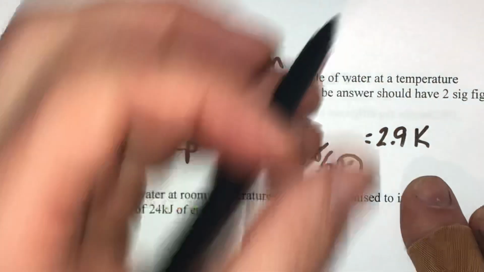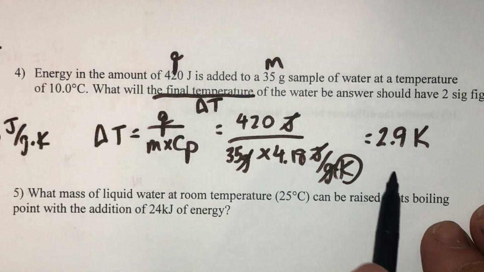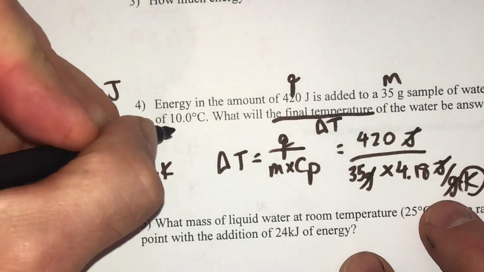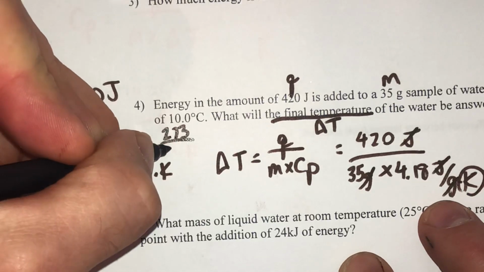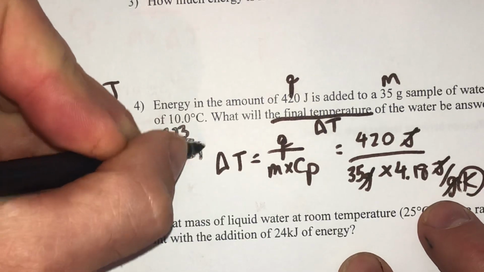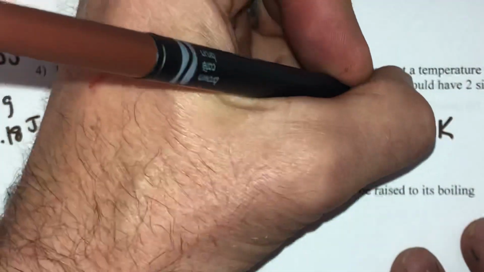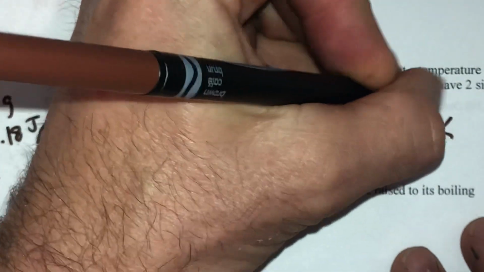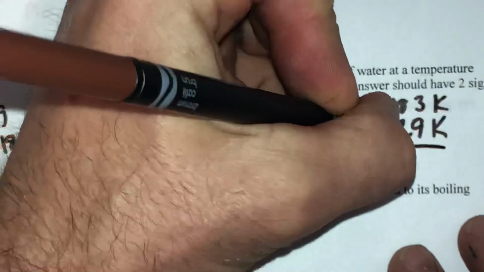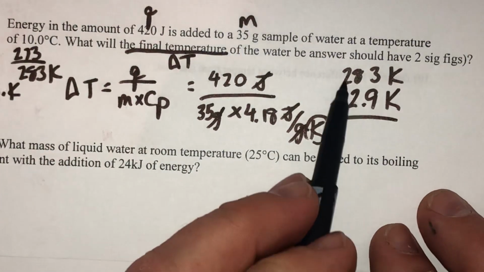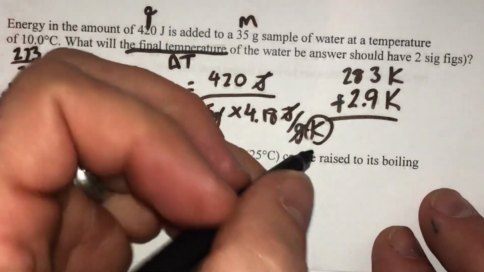Since this is in Kelvin, I decided to do this in Kelvin. Let's take our 10 degrees and add 273. So it's 283 Kelvin where the water temperature started. We're just going to add that change in temperature to our original temperature.